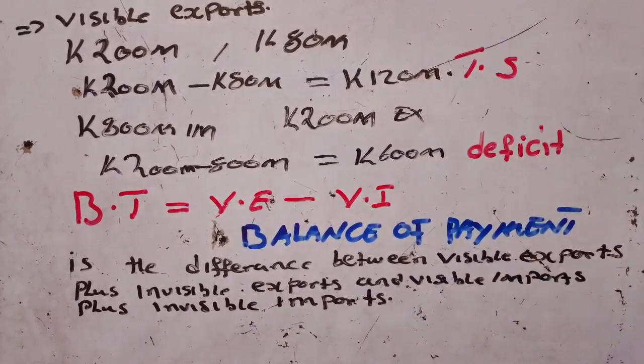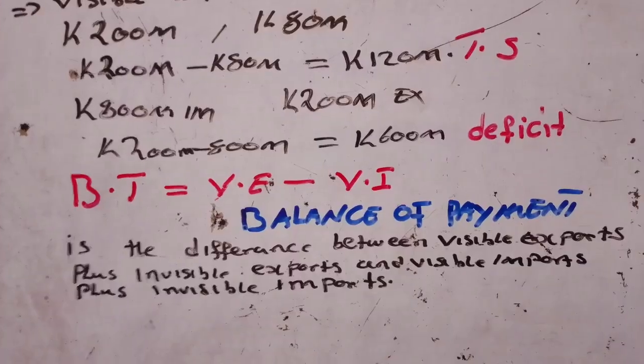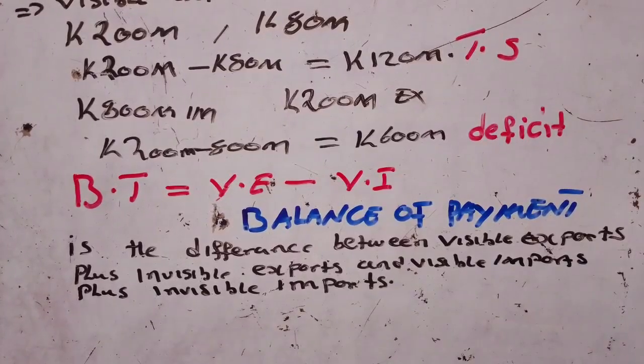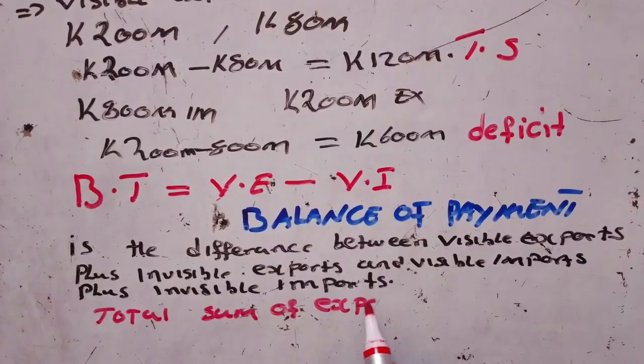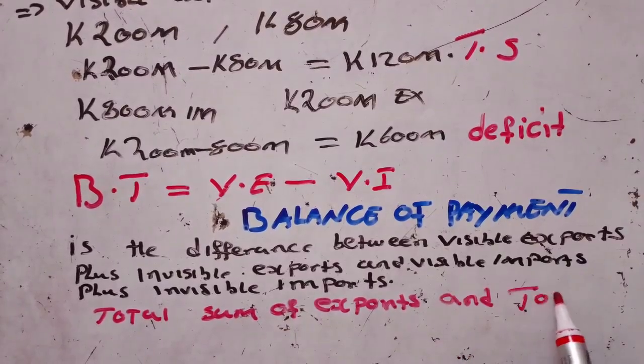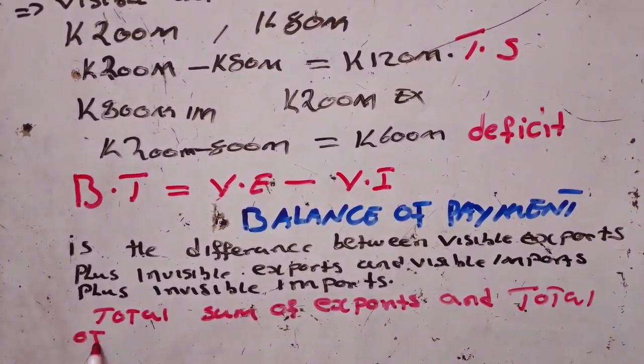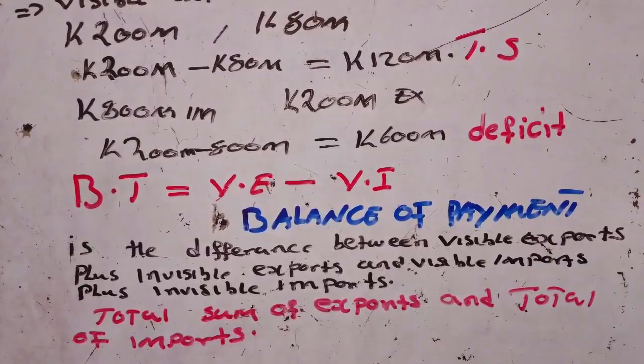In short, you can define balance of payment as the difference between the total sum of exports and the total sum of imports. I'm going to write this so in case you forget.